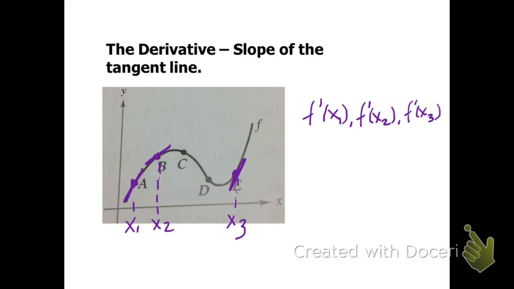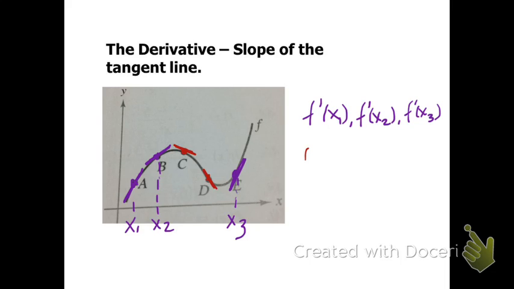And where the derivative is going to be negative is here at point C. Here, as you can see, the function is going down, so the slope is negative, so the derivative is going to be negative.